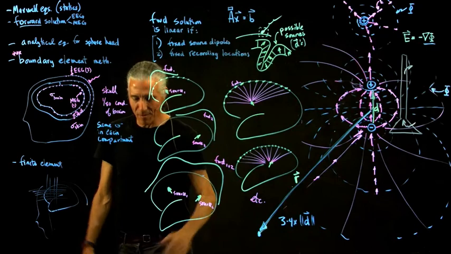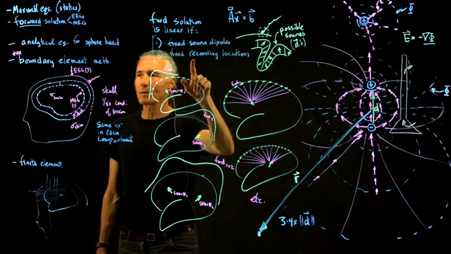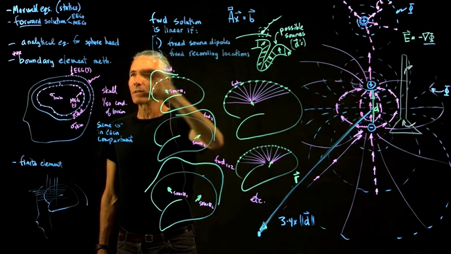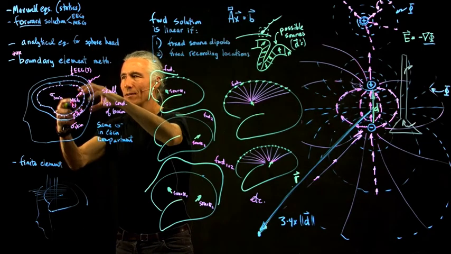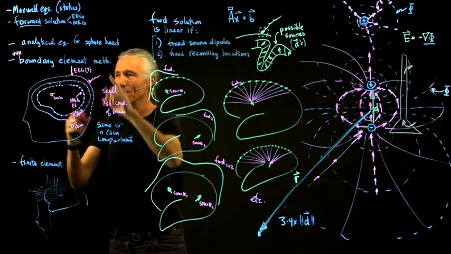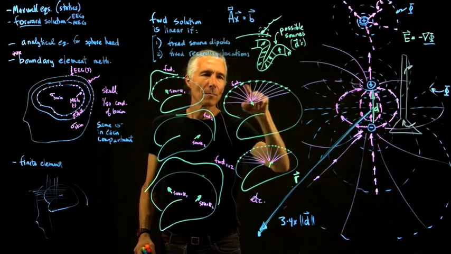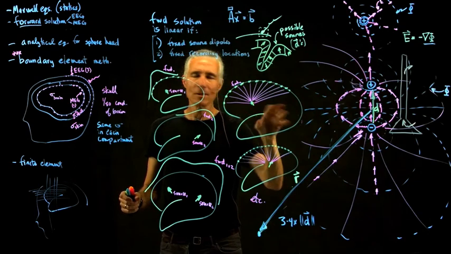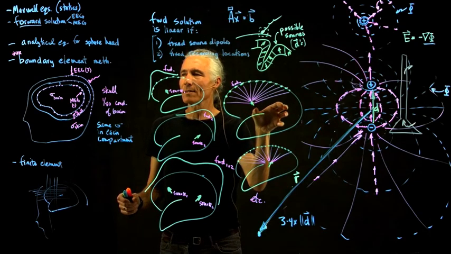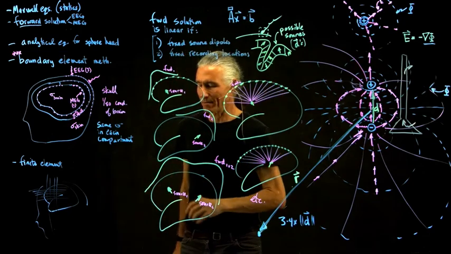There are other ways of doing this that are nonlinear, but if you have these fixed sources and fixed recording locations, you only have to do this complicated forward solution, with these arbitrary shaped skulls, once. You do that once for each source and all the possible sensor locations, then you're done. And then you can predict what you're going to get for any arbitrary distribution of source strengths, because it's linear.